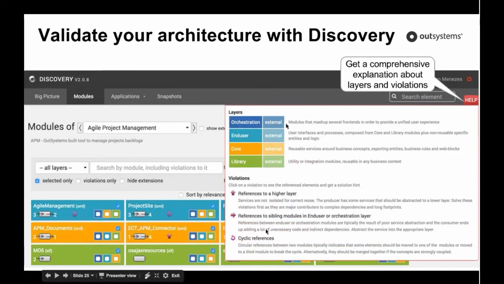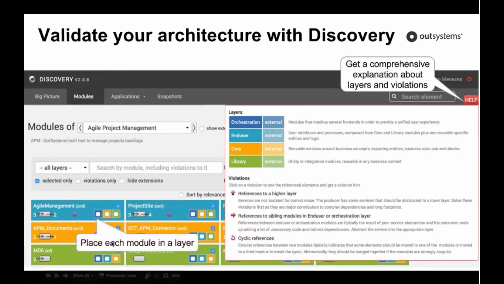So this is just to recap the concepts, right? How do you use this tool? First of all, you need to classify the modules. So the first time you're analyzing a new project, you will need to identify: is this a core, end user, a library, an orchestration? You have to identify this and place it in the proper level.